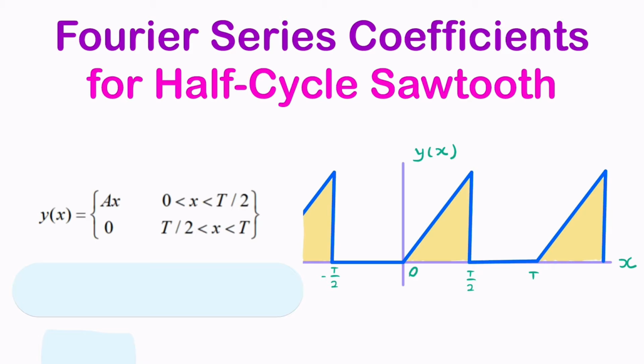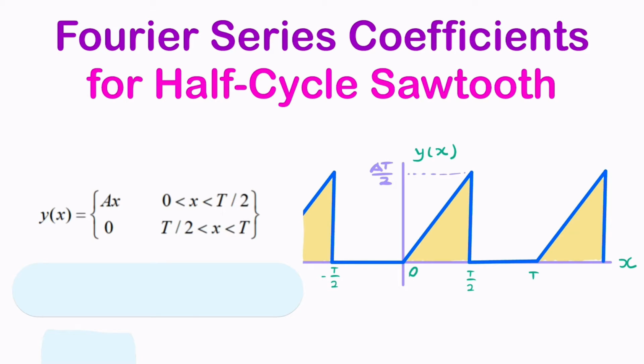So the sawtooth bit is from 0 to T over 2, and then you've got 0 from T over 2 to T, so this bit is 0. And this is the linear bit, it's ax, so strictly speaking we should specify that as a times T over 2. So here we'd have aT over 2.